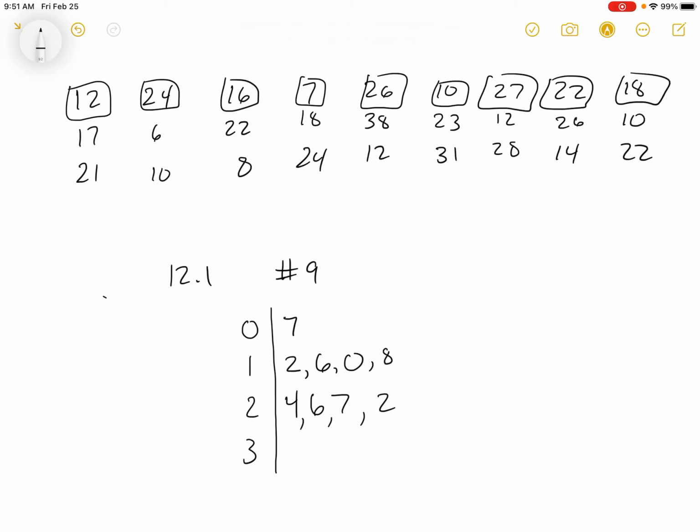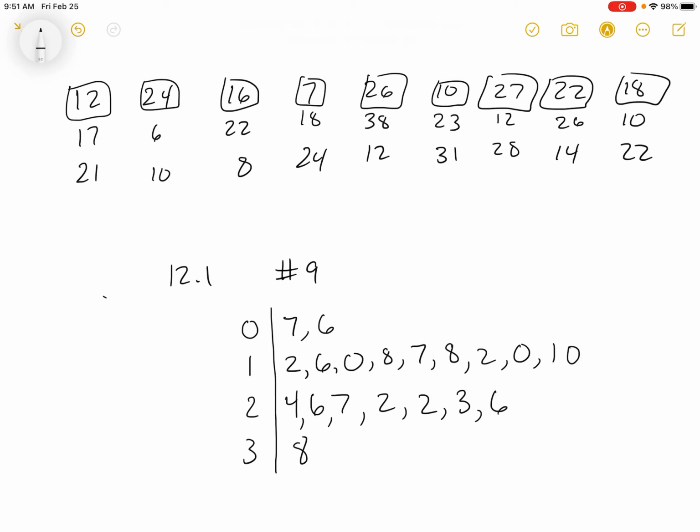And what happens in this process, 17, 6, 22, 18, 38, 23, 12, 26, 10 would put a 0 here as well. That takes care of that whole next line. And then I get a 21, another 10.